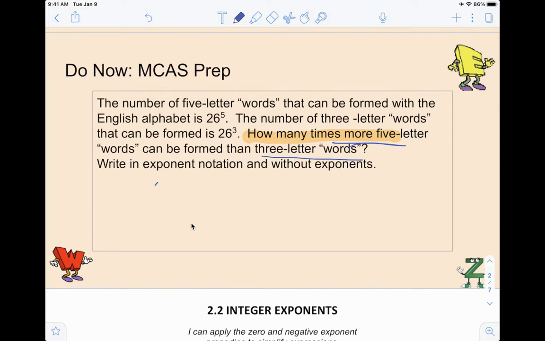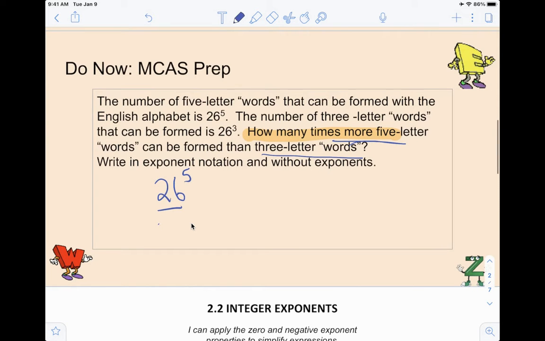So we have 26 to the 5th power divided by 26 cubed. If you remember, when we're dividing and bases are the same, we subtract the exponents. So this is 26 to the 5 minus 3, which is equal to 26 squared. And that's our first answer, which is written in exponent form.